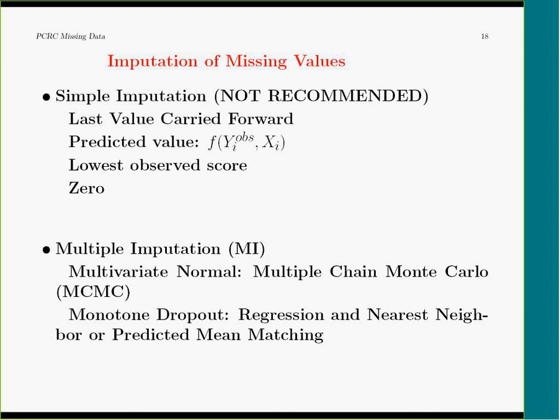There are also techniques called nearest neighbor and predicted mean matching. I like nearest neighbor and predicted mean matching the best out of all of these, but that's a whole webinar in itself, on multiple imputation models.